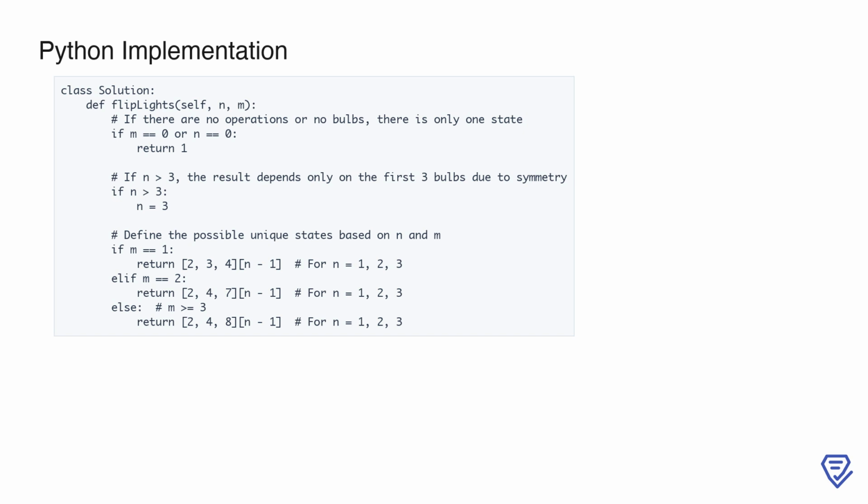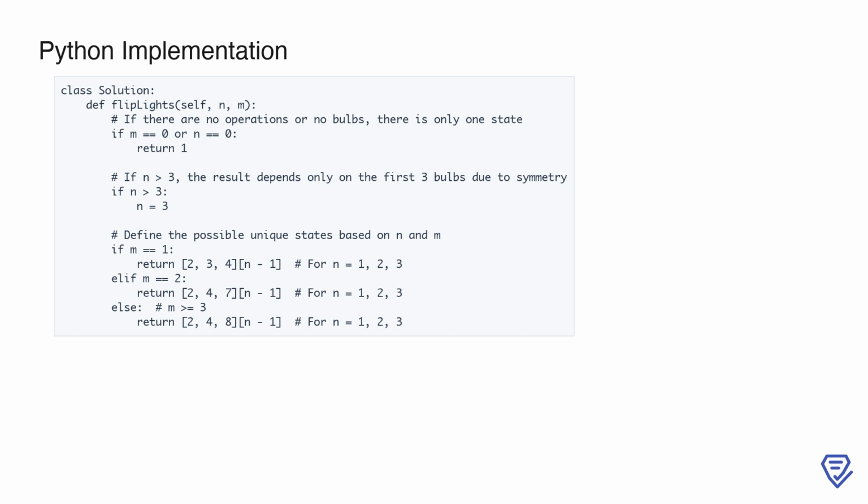3. State enumeration. The number of unique states depends on the number of bulbs, n, and the maximum number of operations, m. If m equals 1, there are specific possible configurations depending on n. For instance, with 1 bulb, there are 2 states, while with 3 bulbs, there are 4. If m equals 2, more configurations become possible. For example, with 3 bulbs, there are 7 unique states.